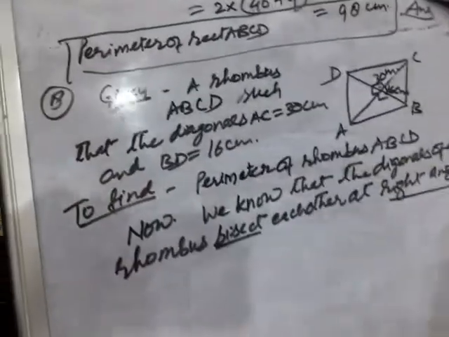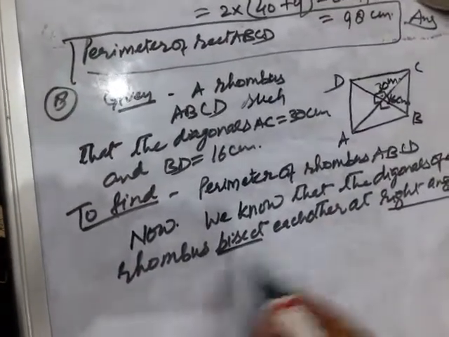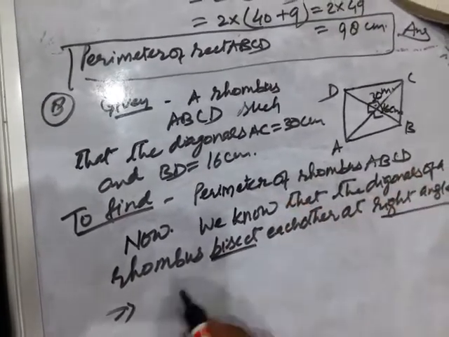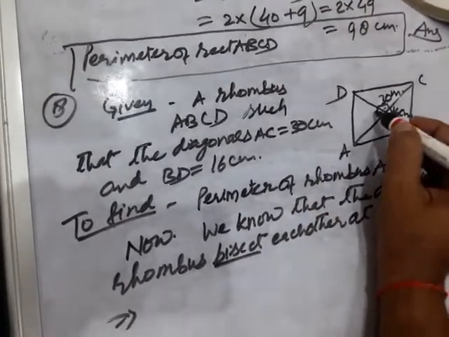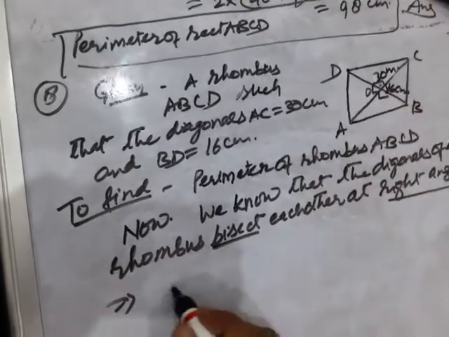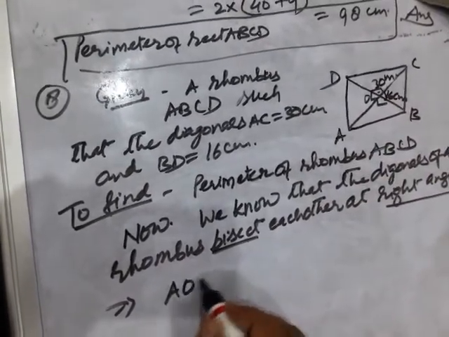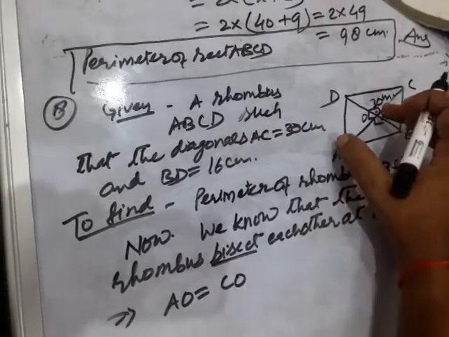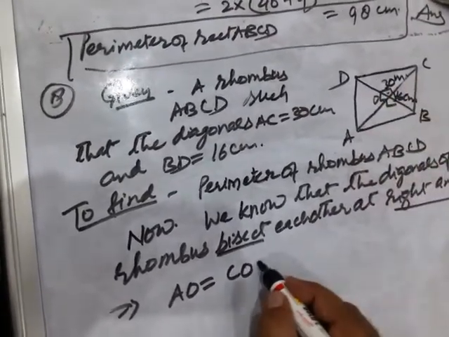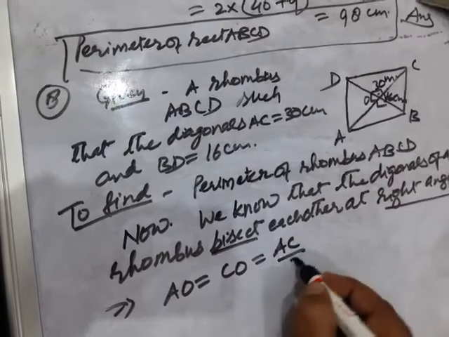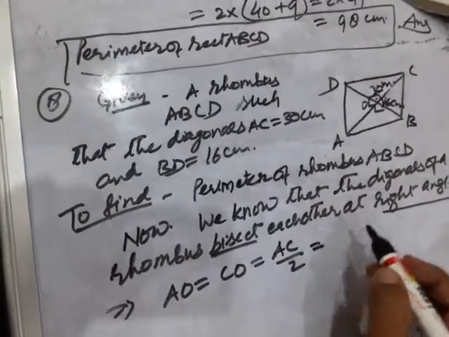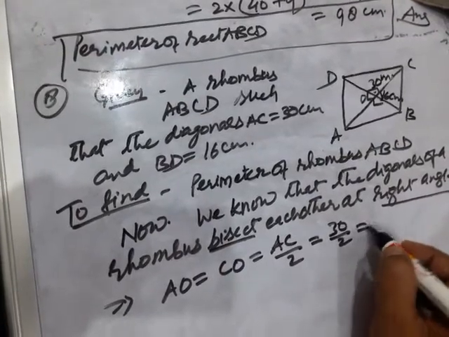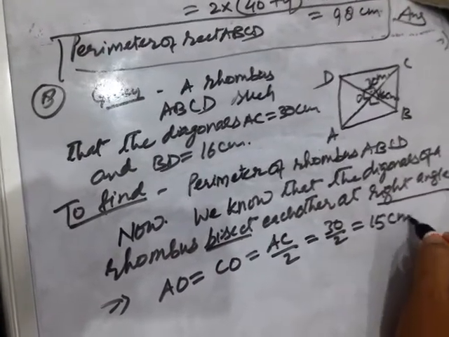Okay, children, now this implies that since the diagonals bisect each other, let the point of intersection be O. Then AO equal to CO equal to AC upon 2. AC is given to be 30, upon 2 equal to 15 centimeter.